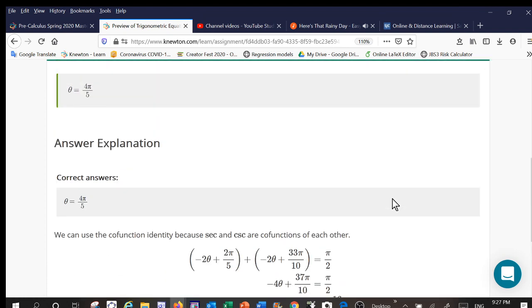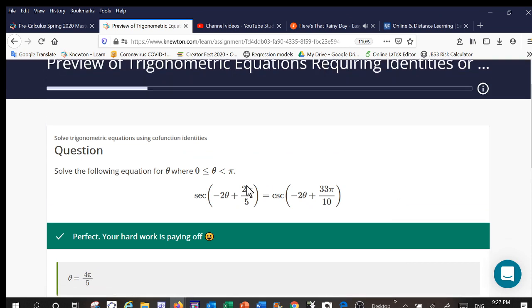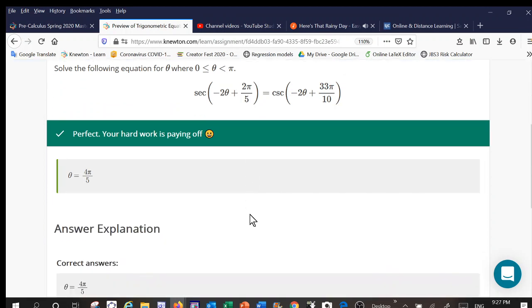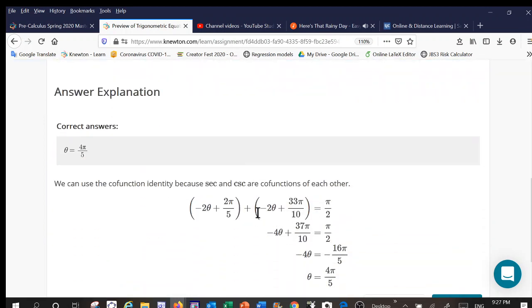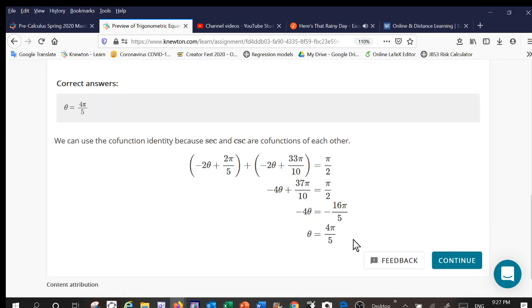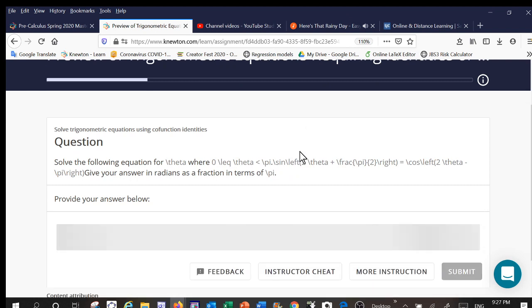Yeah, so if you think of function and cofunction, when a function equals a cofunction of another angle, then these two angles have to be complementary. That means they add up to 90 degrees. So if you set the sum equal to pi over 2, then you can solve for theta and you get it. All right, so that's the trick we use.